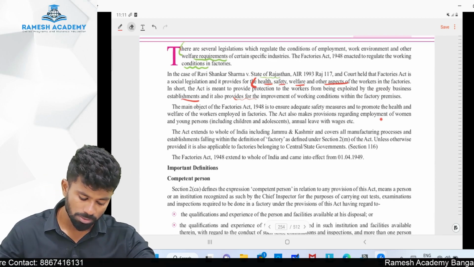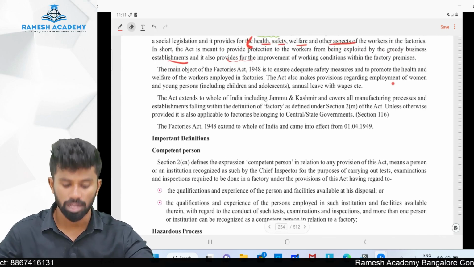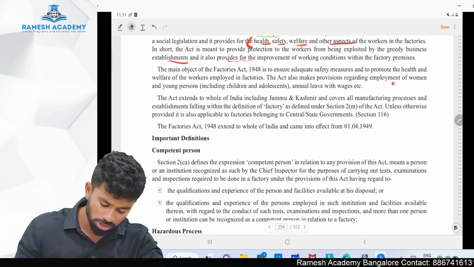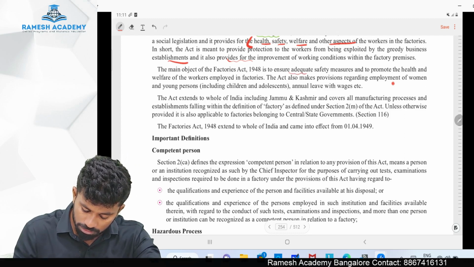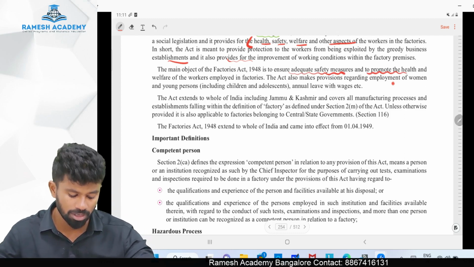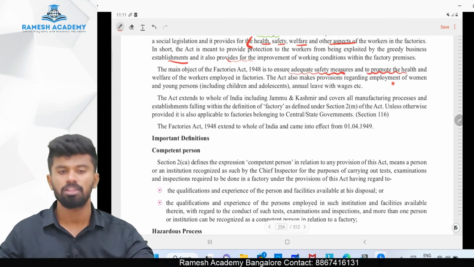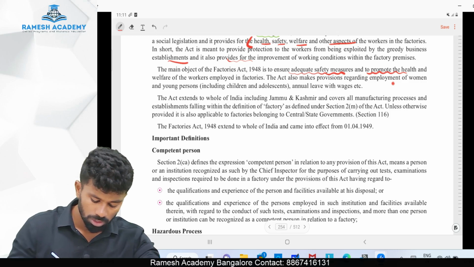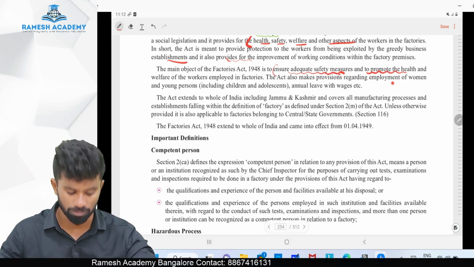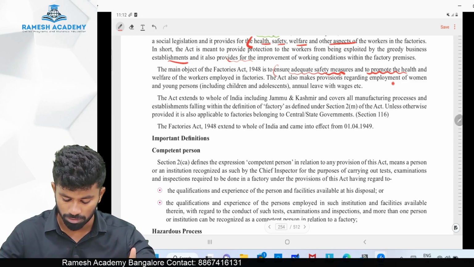The main object of the Factories Act 1948 is to ensure adequate safety measures, and to promote the health and welfare of the workers employed in the factories.